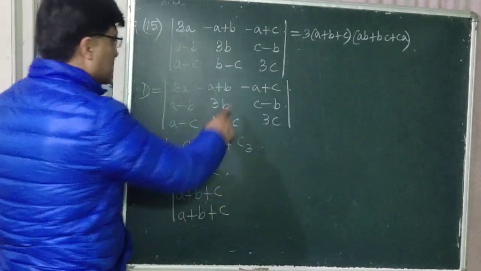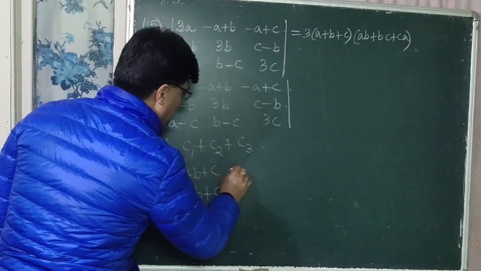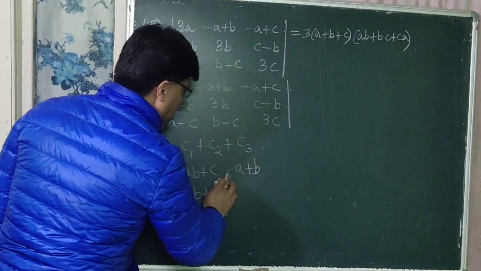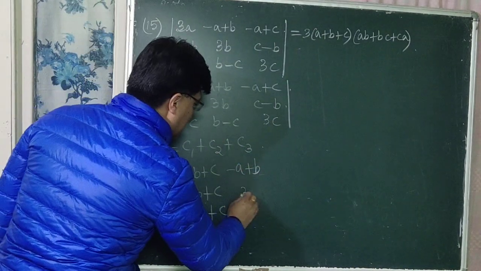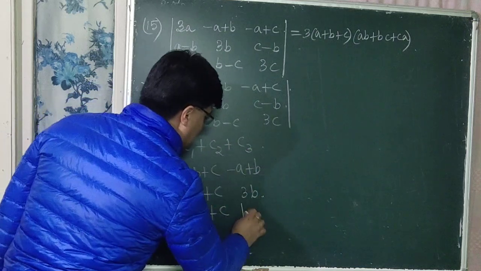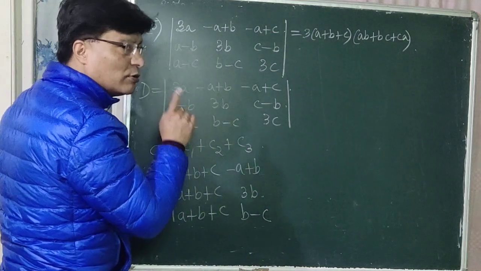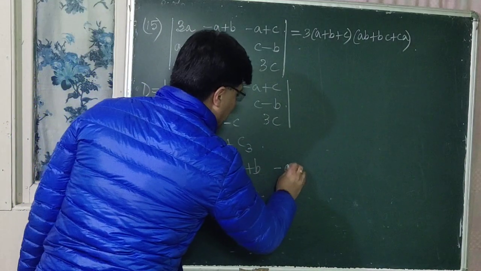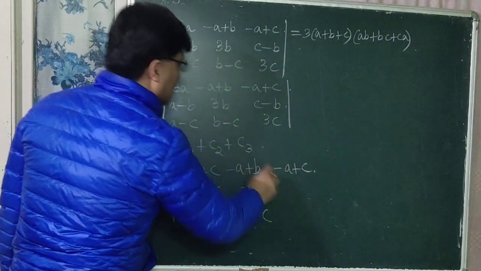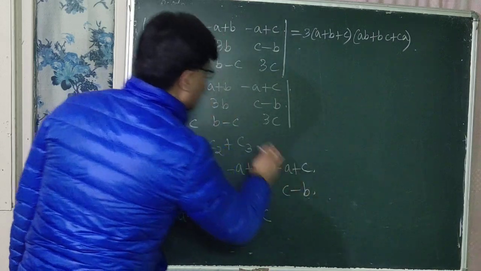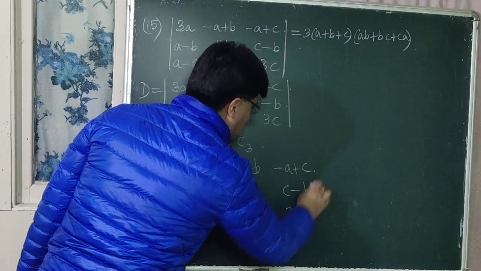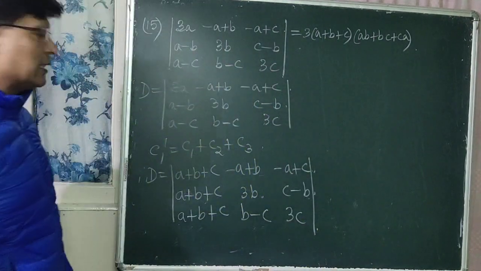Next, second column remains same. Minus A plus B. This is 3B. This is B minus C. Right? Third column also remains same. Minus A plus C. Then comes C minus B. Then comes 3C. Is it clear?